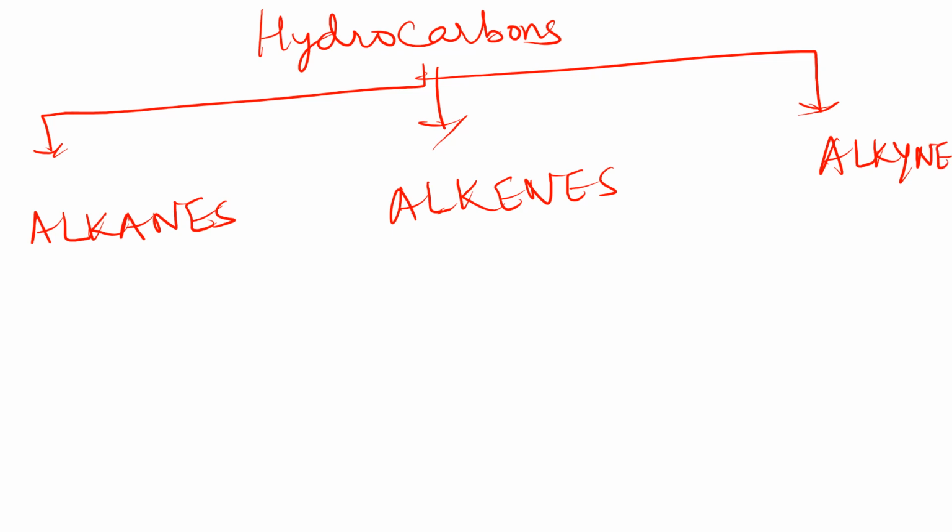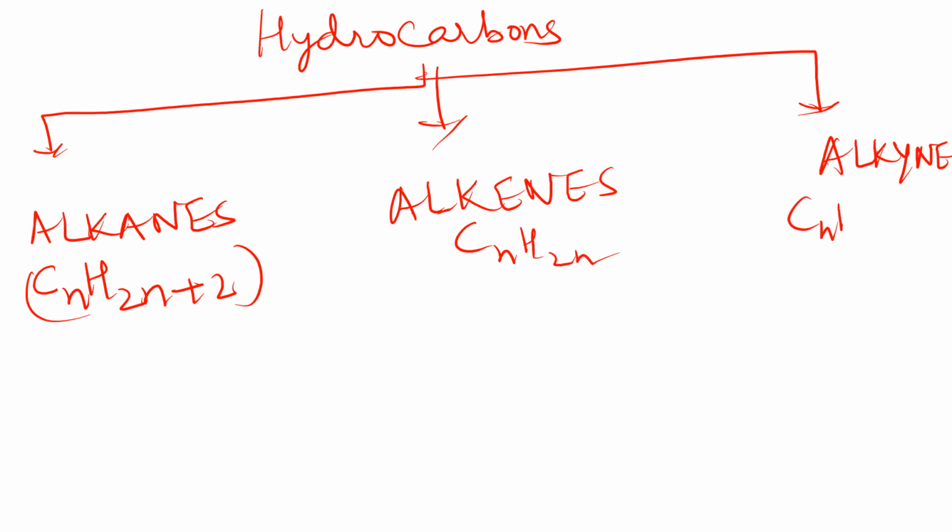The general formula of alkanes is CnH2n+2. Alkenes is CnH2n and alkynes is CnH2n-2, where n is the number of carbon atoms: 1, 2, 3. So first is alkane.